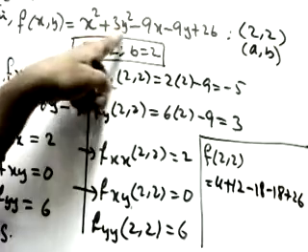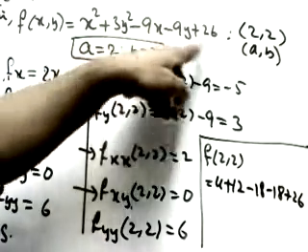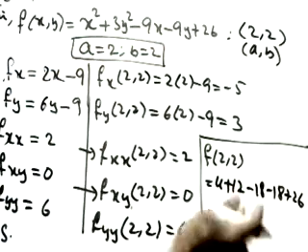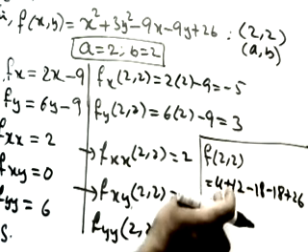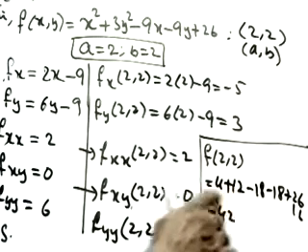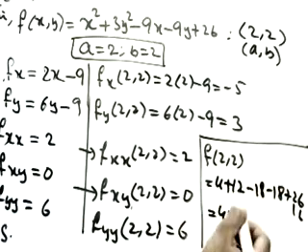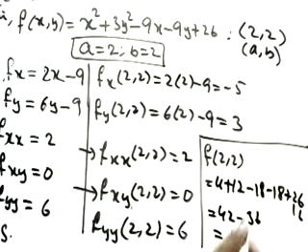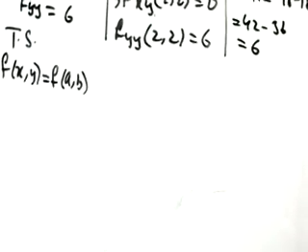So 2 square is 4, 4 threes are 12, minus 18, plus 26. See here, 12 plus 4 is 16, 16 plus 26 is 42, minus 36, since 2 nines are 18 and 18 plus 18 is 36. So 42 minus 36 is 6. So f of (2, 2) gives 6.